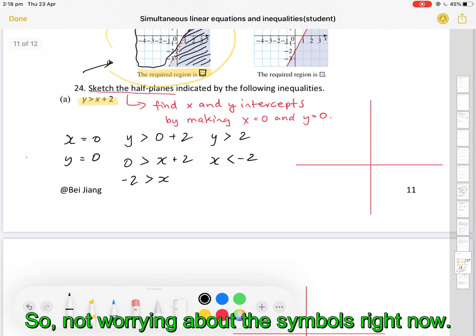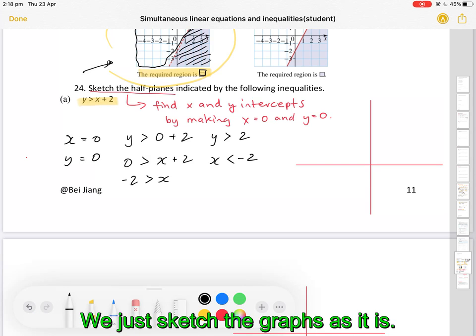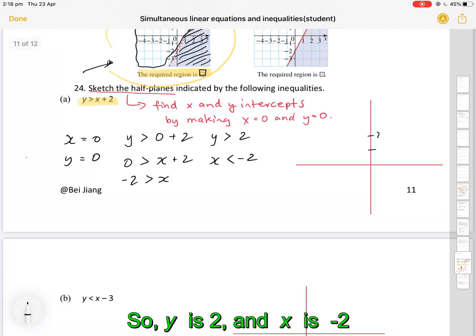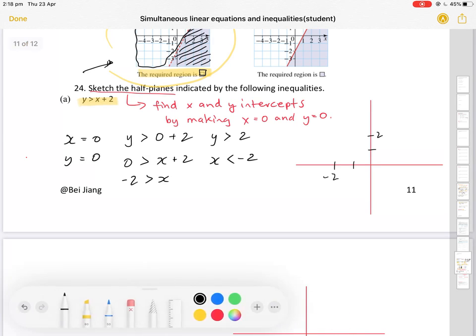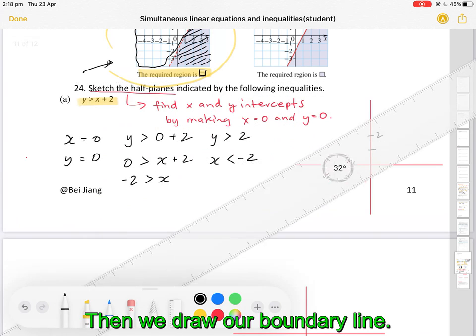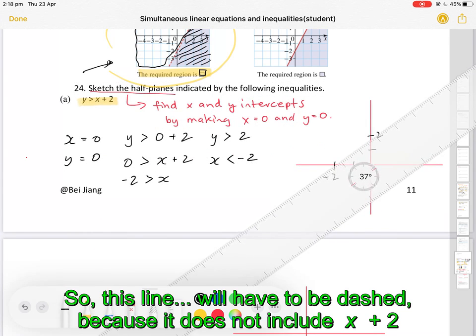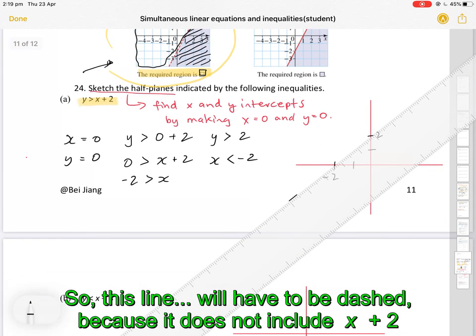Not worrying about the symbols right now, we just sketch the graphs as they are. So y is 2 and x is negative 2. Then we draw our boundary line. This line will have to be dashed because it does not include x plus 2.